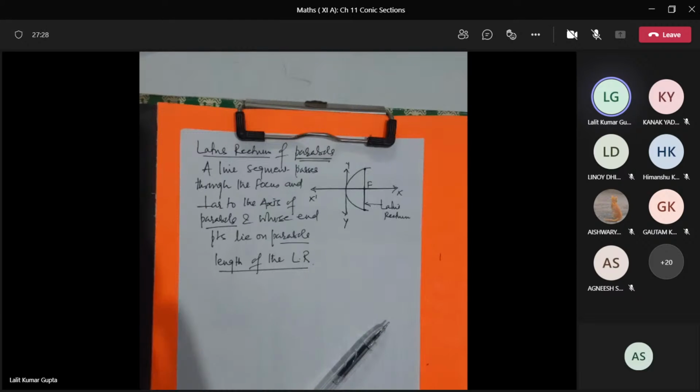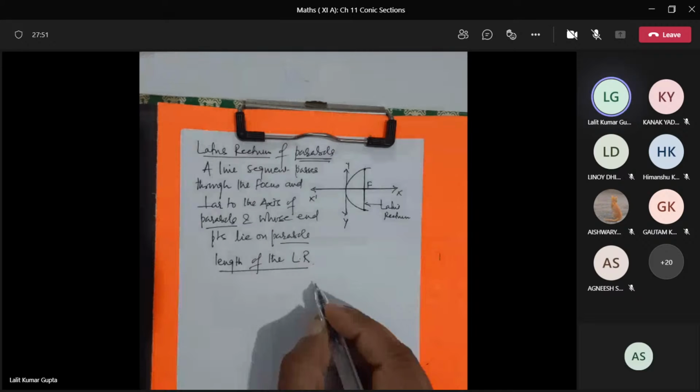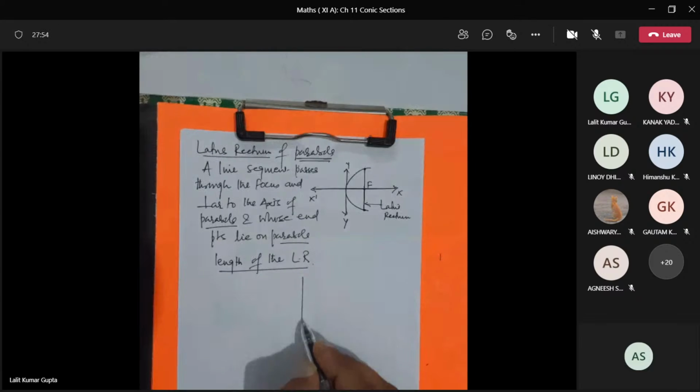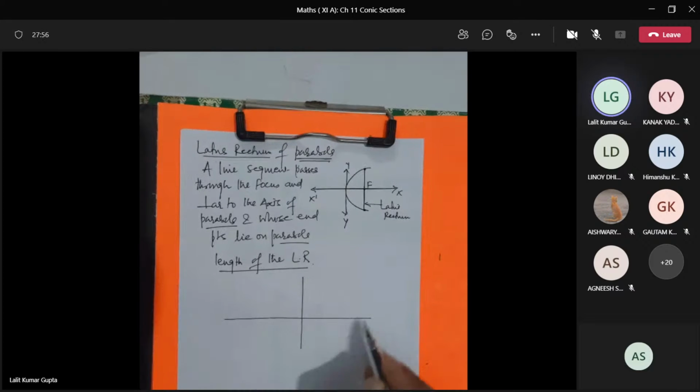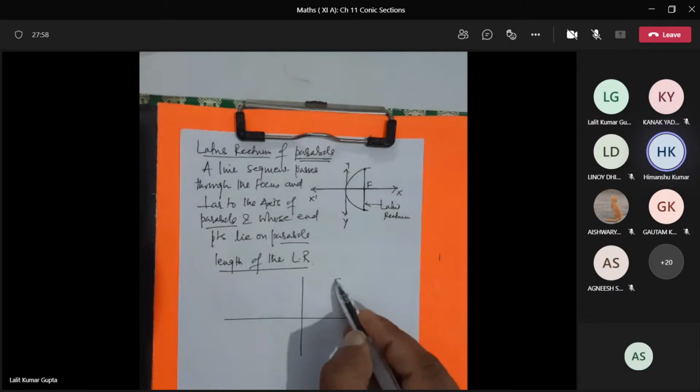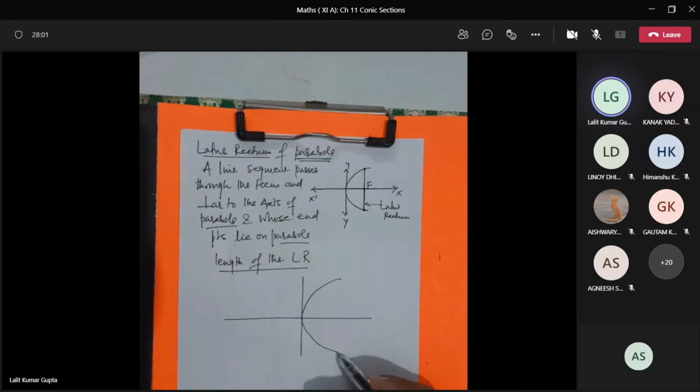Please see it carefully, and tell me whether you are able to understand this or not. Yes, sir. Is it clear, beta?